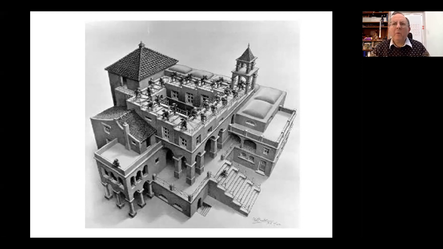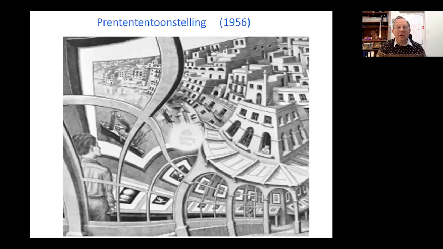So it's a wonderful example of an optical illusion caused by a mathematical idea being harnessed by a great artist.